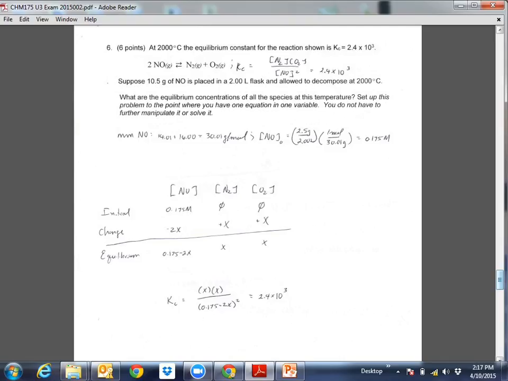Those are equilibrium concentrations in terms of x. The last thing you needed to do to finish up was to plug the equilibrium concentrations back into your Kc expression, and then you were done. Notice that this one we could have solved without using the quadratic, recognizing that x times x is x squared, right?